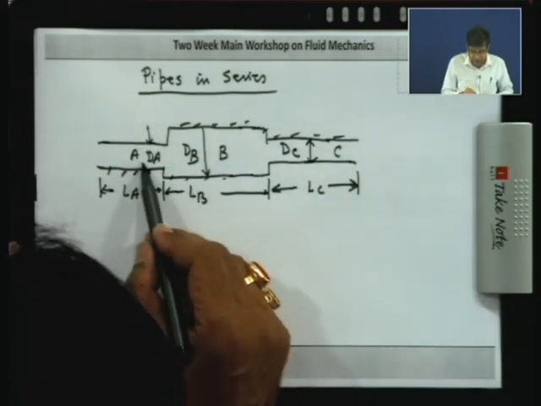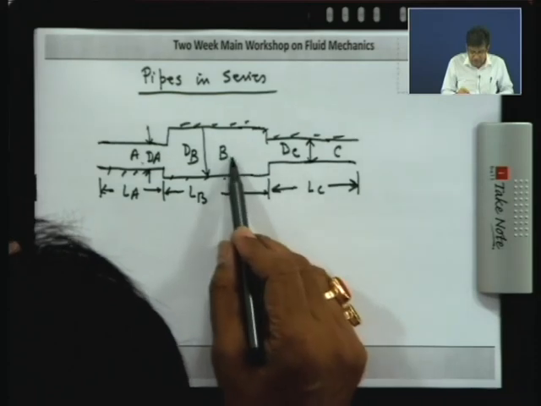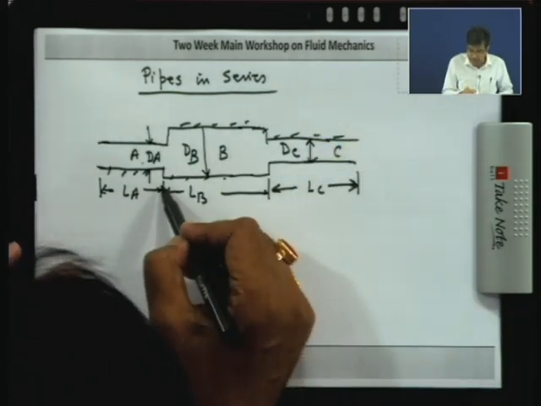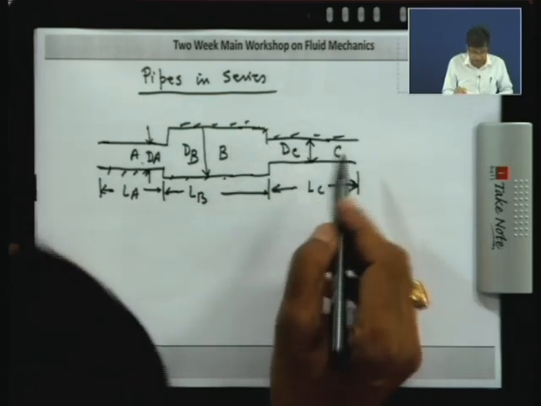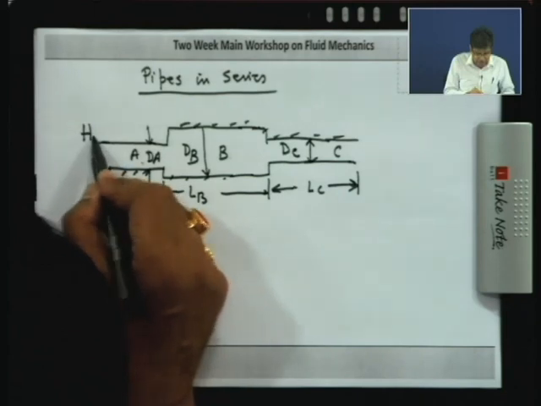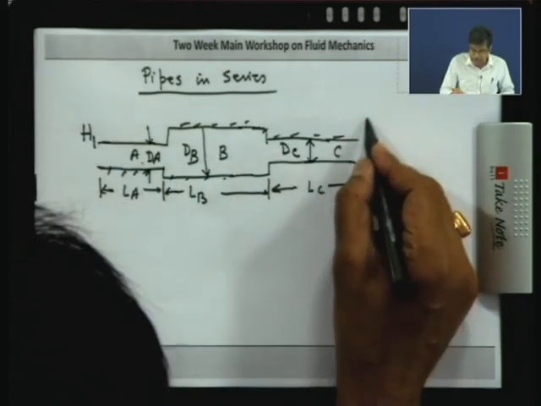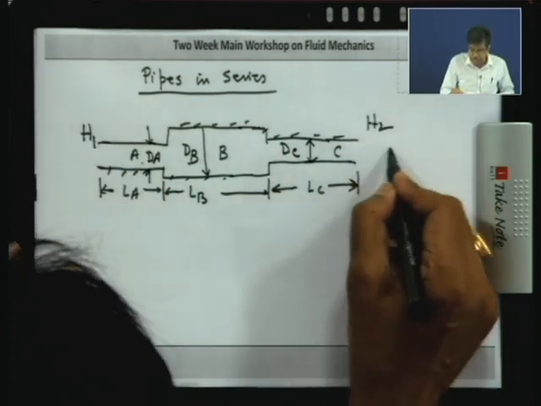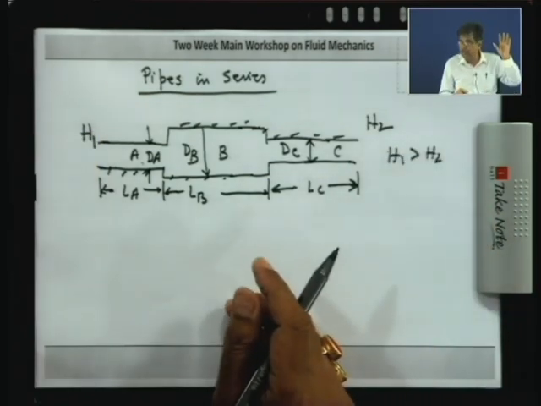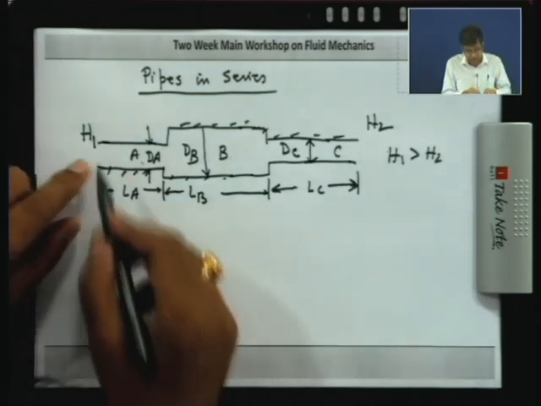B is bigger than A, then C is lower than B, maybe bigger or lower than A. That means I create one expansion and one contraction in the line. And let us consider some total energy head here at 1, and head at 2, and H1 is greater than H2. This is due to the total energy. It may be at a higher height with potential energy, or there may be a high pressure.